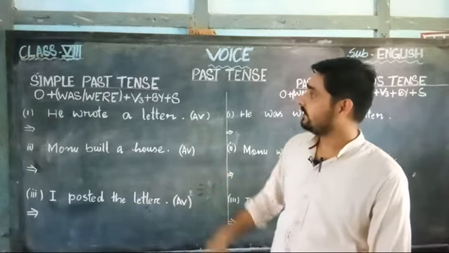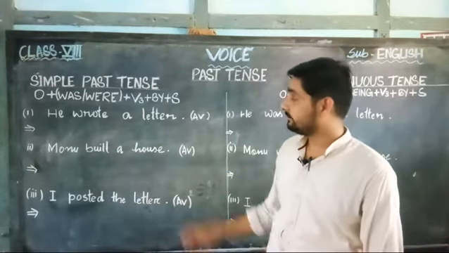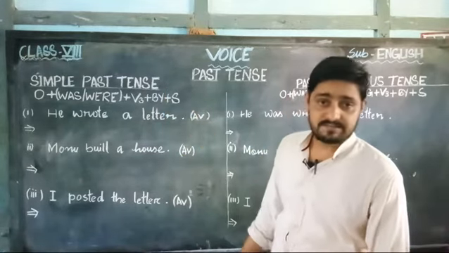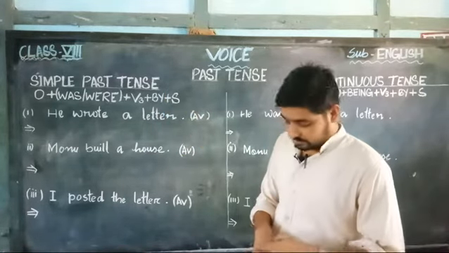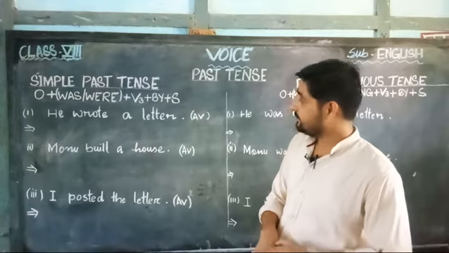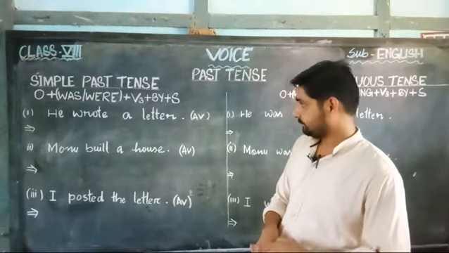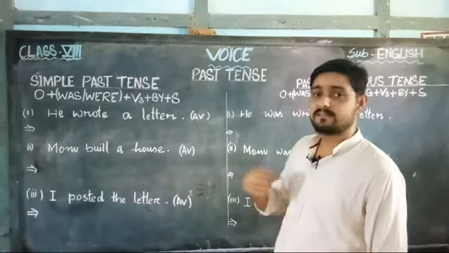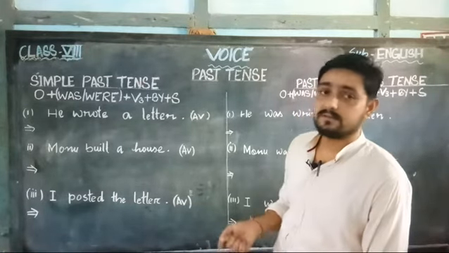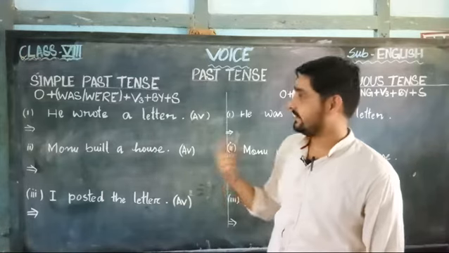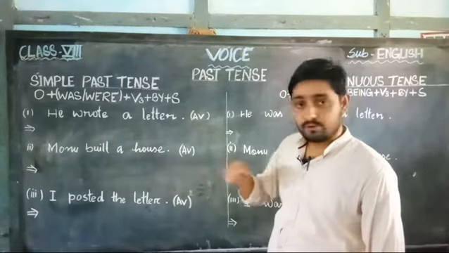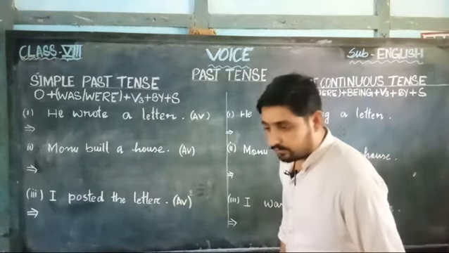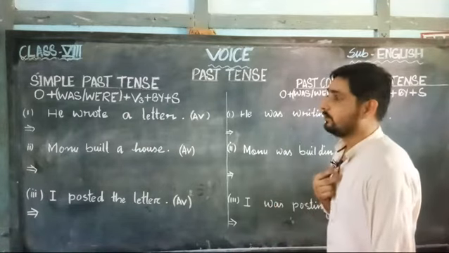We also say simple past indefinite tense. So in past indefinite tense, when we get a sentence and are asked to change it into passive voice, generally we use rules.